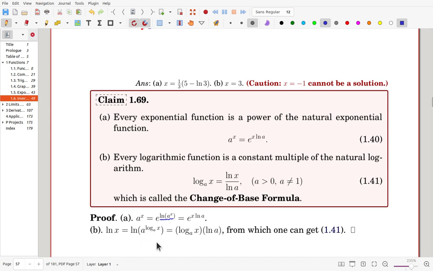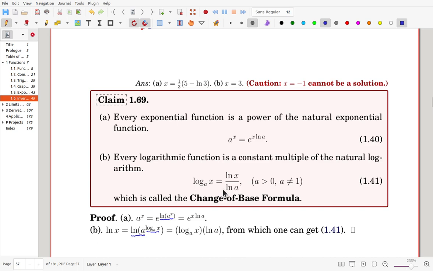Then, considering the whole thing, log a times this one, which is a sort of power, so by using the power rule, it can go in front of the logarithm. So that is exactly this one. And here, divided by the natural logarithm of a, makes that one.